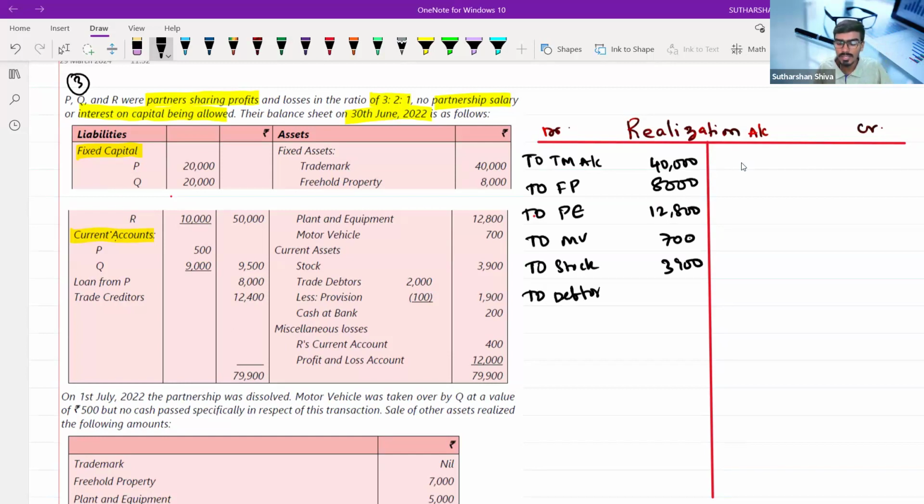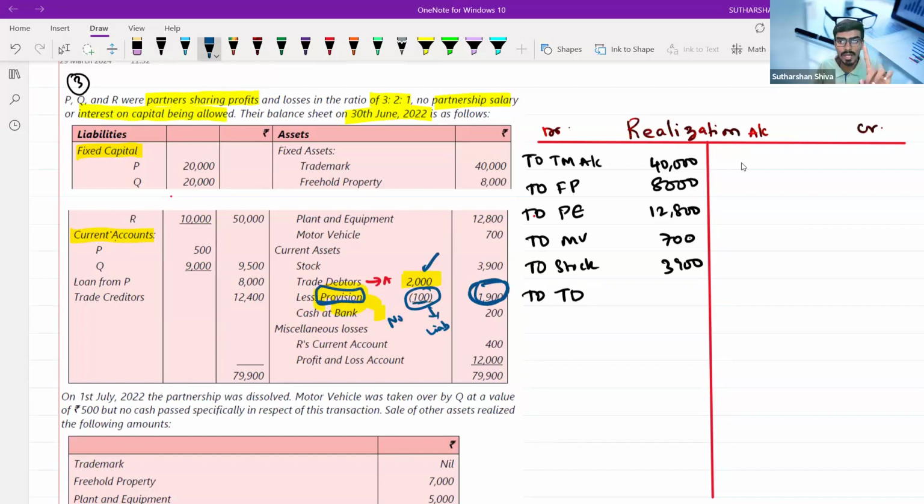Now, to trade debtors. The important point to take care of is that here you will only consider this value, 2,000. Trade debtors is only an asset. The provision you have created is only a notional provision. This provision is your liability. You are not going to take this value; for the asset, you only consider 2,000 as the book value. This provision is a liability item.